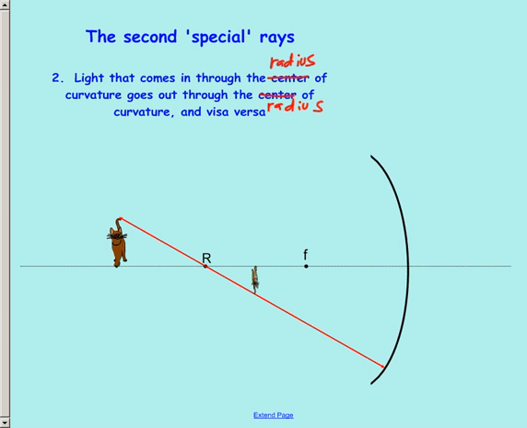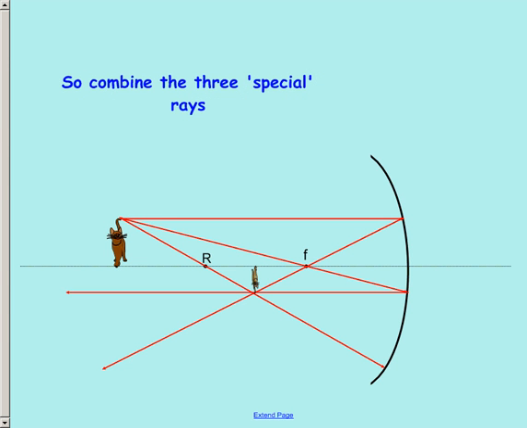Sorry about that. Okay, so rule number 2 gives us the 3rd ray. And when we put those 3 rules, 3 rays together, notice we get the tail of the cat and where it belongs. Those should always hit. Okay?